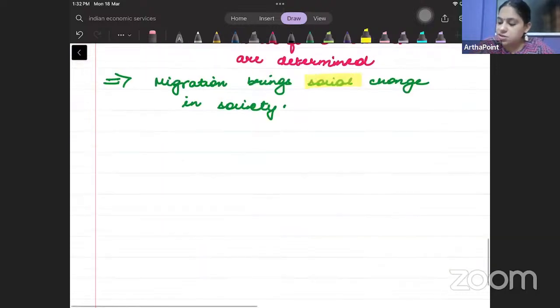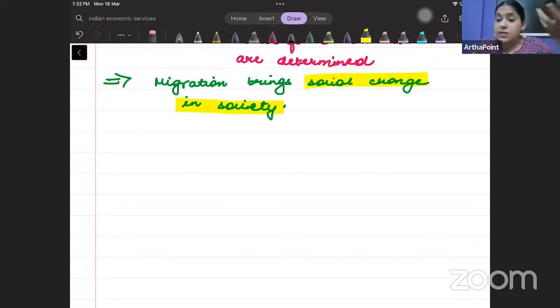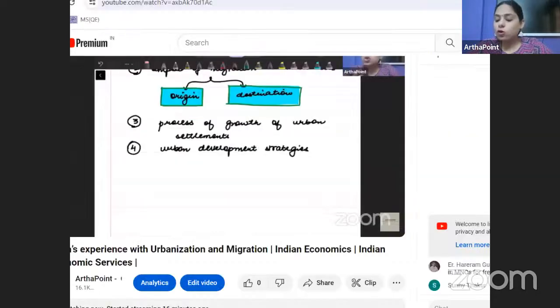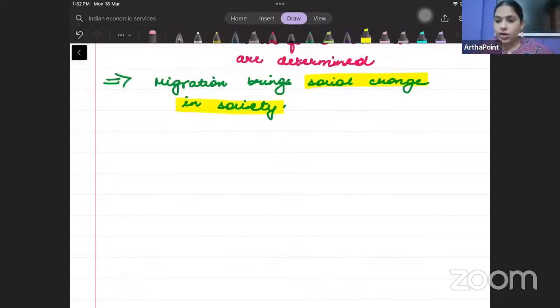Migration brings social change in society. Am I clear? Because the way that society will be defined will depend on what kind of migration has taken place in your society, right? Okay.